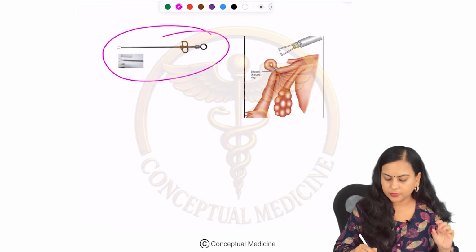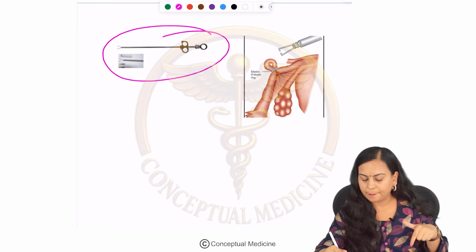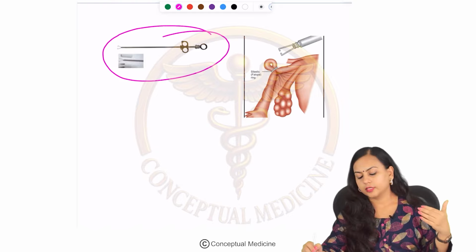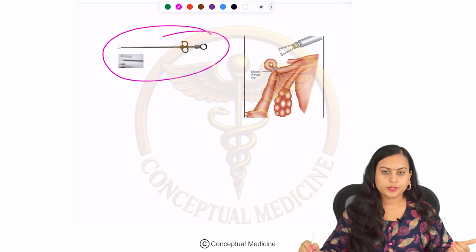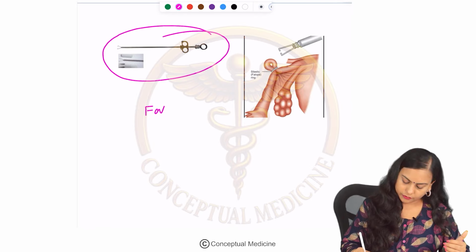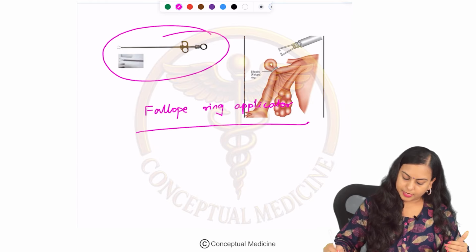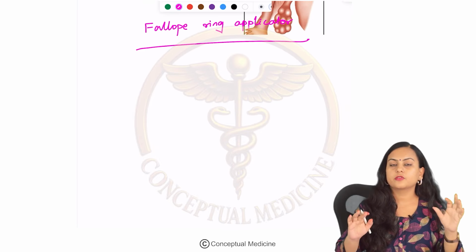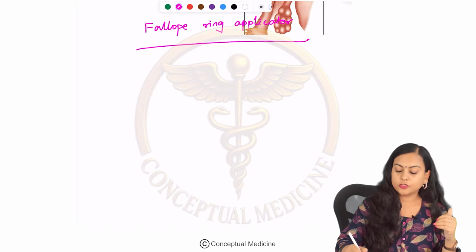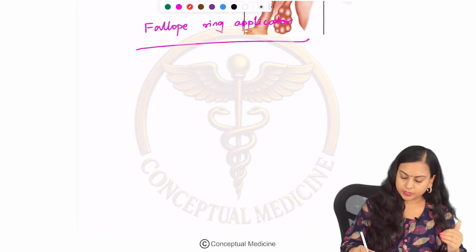Now, this instrument is very important. Okay, you see the tip, there is an opening, and with the tip we can apply a ring over your tubes in laparoscopy. So, this is a Fallope ring applicator. Okay, so with this we will do tubal occlusion methods. A tube can be occluded by 3 devices.